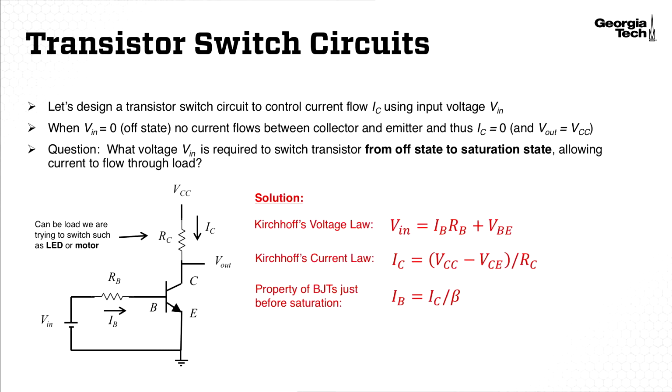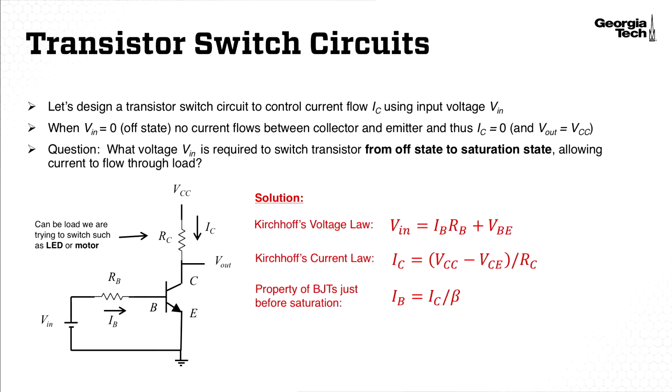Secondly, we can also use Kirchhoff's current law to look at the current flow into the BJT. So the current IC is equal to the voltage drop from the source voltage VCC and the collector emitter voltage VCE, divided by our load resistance.